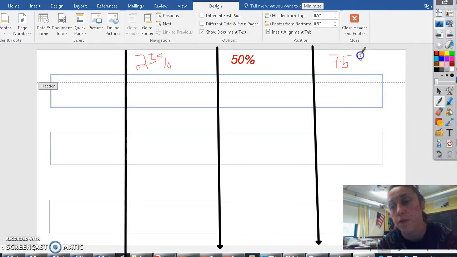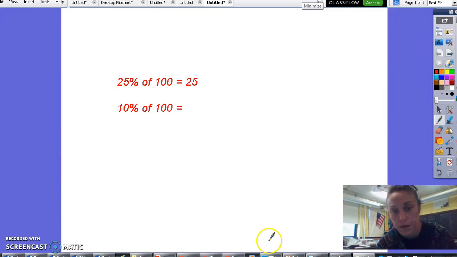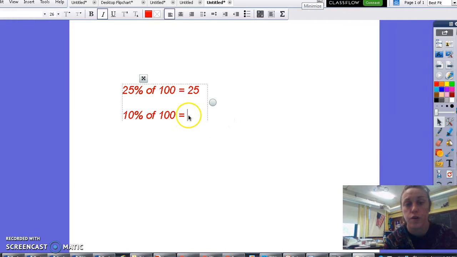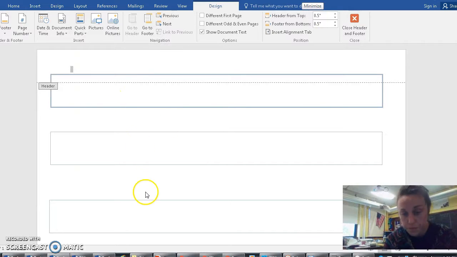Now, on the first problem we had 25% of 100. And the answer is 25, but how do we get that? Well, I'll show you. And most of you guys already knew what that was.